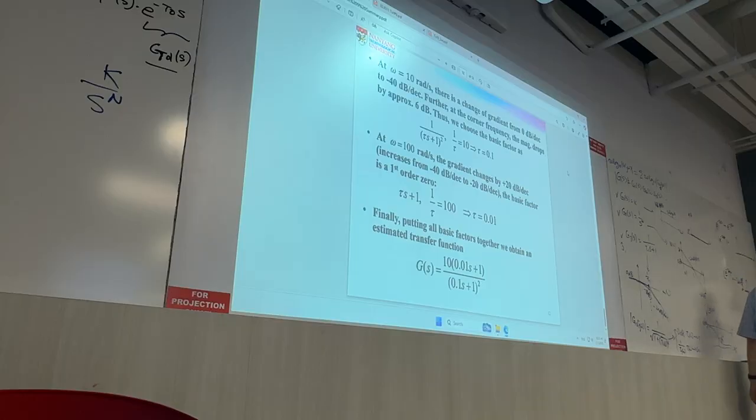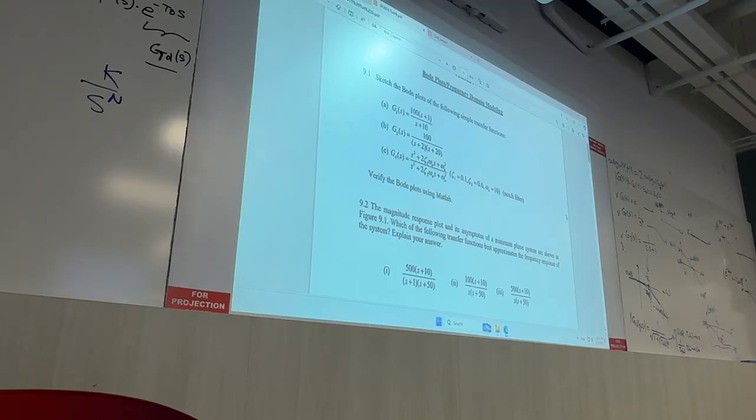Okay? When we are given a system without a transfer function, then we carry out the experiment, we get the Bode plots, and from the Bode plot we use the knowledge of how the Bode plot is formed, and then we can derive where the corner frequencies are and how many contributions we have.